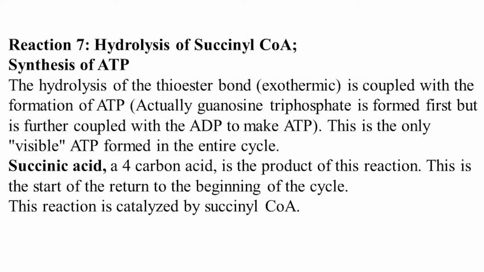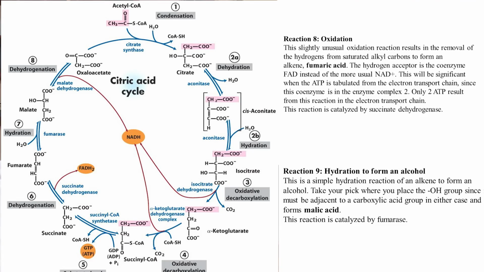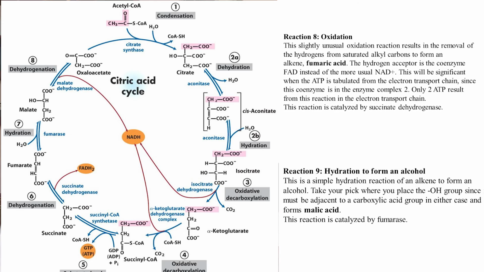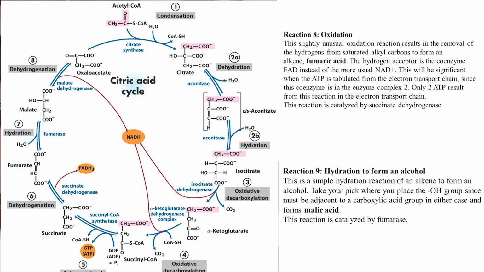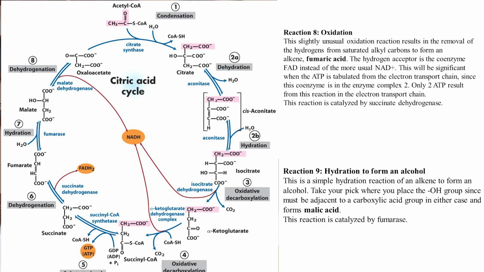The succinic acid, a 4-carbon acid, is the product of this reaction. This is the start point of the return to the beginning of the cycle. This reaction is catalyzed by the enzyme succinyl coenzyme A synthetase. Next is an oxidation reaction which results in the removal of hydrogens from saturated alkyl carbons to form alkene fumaric acid.